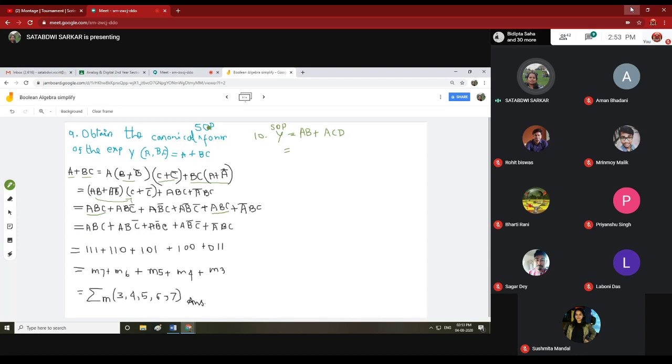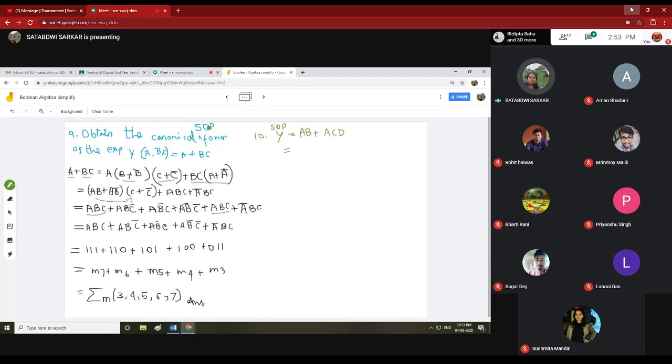So this is 1, 1, 1 plus 1, 1, 0 for A, B and C bar. C bar is 0. Here A, B bar, C, so 1, 0, 1. And here A, B bar, C bar, 1, 0, 0. And A bar, B, C, that is 0, 1, 1. So it is, we know this is 7. So this is M7, M6, M5, M4, M3.